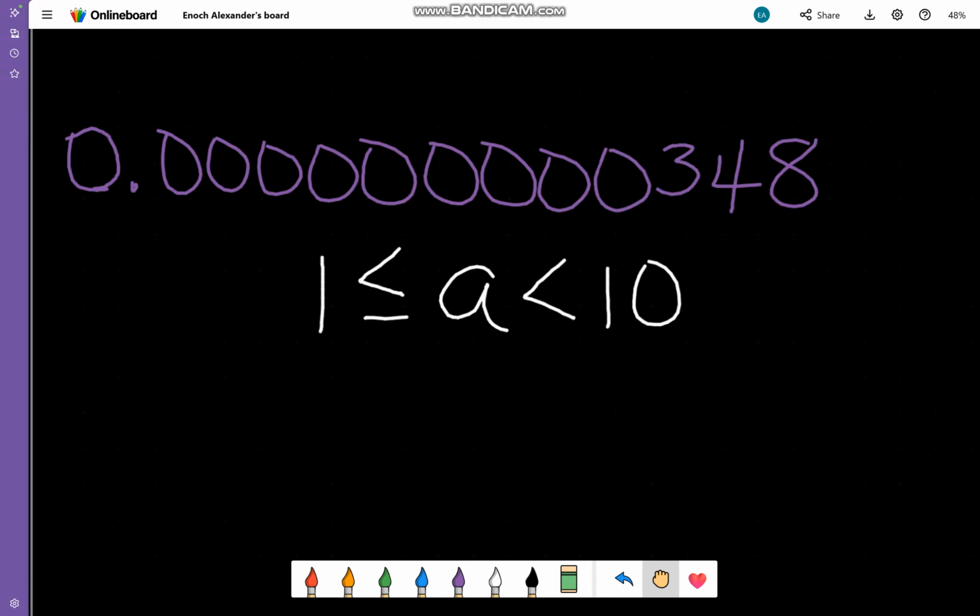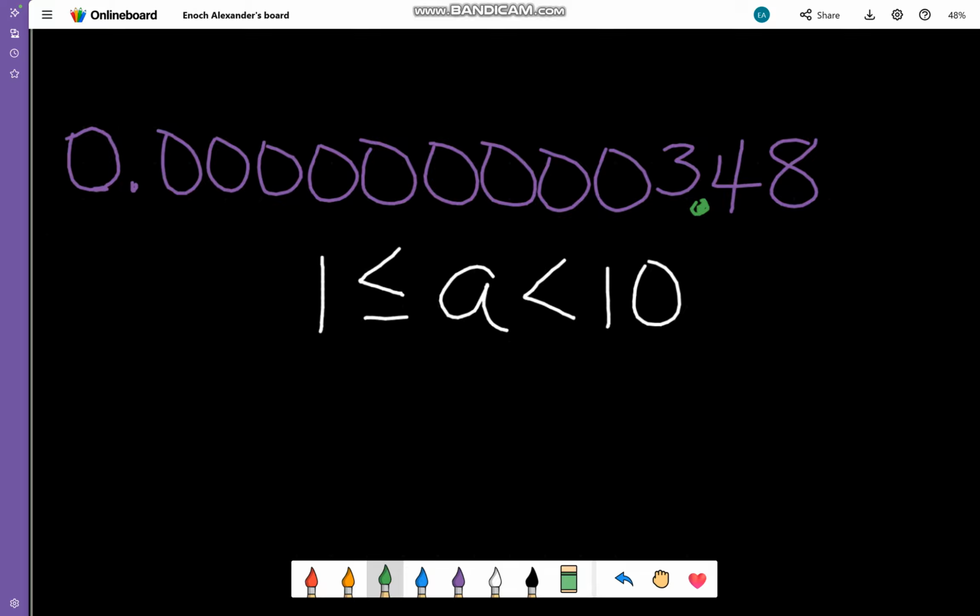But if we were to put this number into scientific notation, our coefficient needs to be greater than or equal to 1, but less than 10. That means I need to get my decimal point in between this 3 and this 4, because that will give me a number that is greater than or equal to 1, because 3.48 is greater than 1, but it is less than 10.